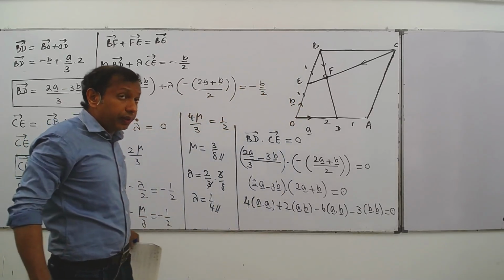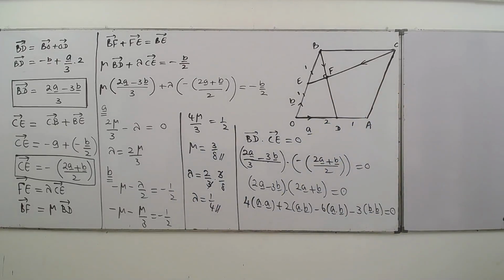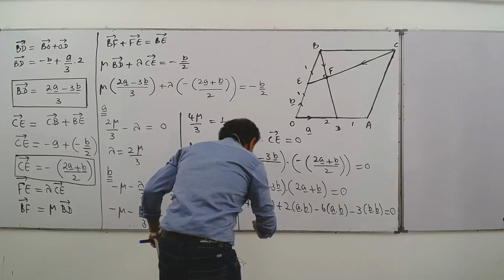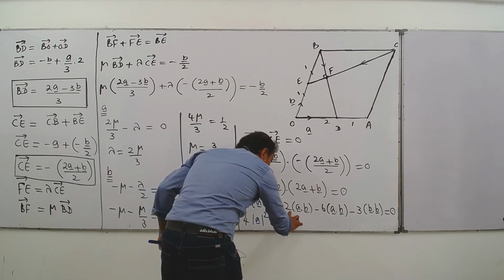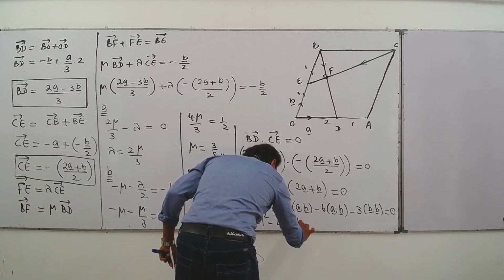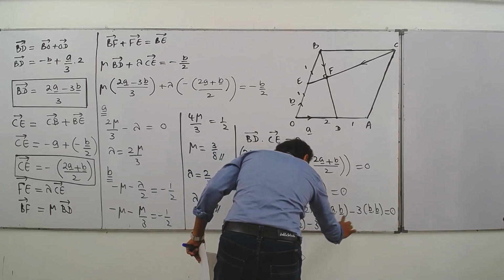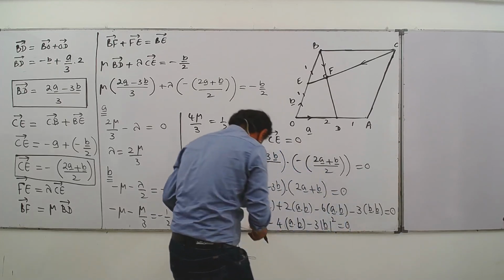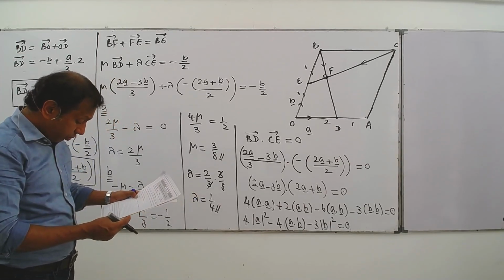You know A dot A means mod A squared. So 4 mod A squared, 2A dot B minus 6A dot B means minus 4A dot B, and minus 3 B dot B is mod B squared, is equal to 0. Then we get that answer.